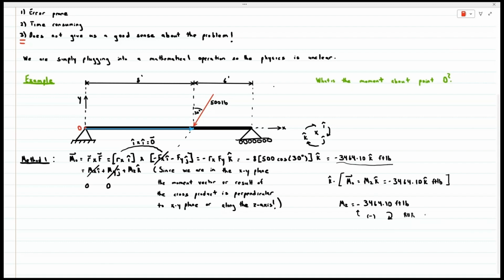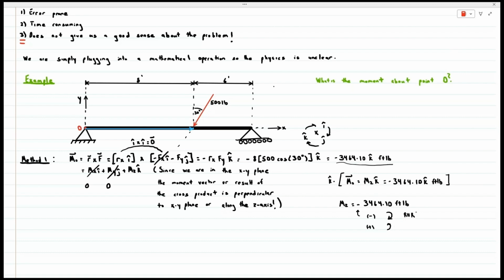And the reverse is also true. If we point our thumb in the positive z-axis, our fingers will curl counterclockwise. This is why usually if we're using a normal Cartesian system where x is right and y is up, we'll say counterclockwise moments correspond to a positive value, while clockwise moments correspond to a negative value.